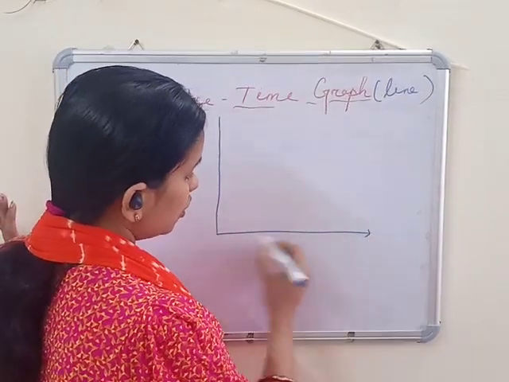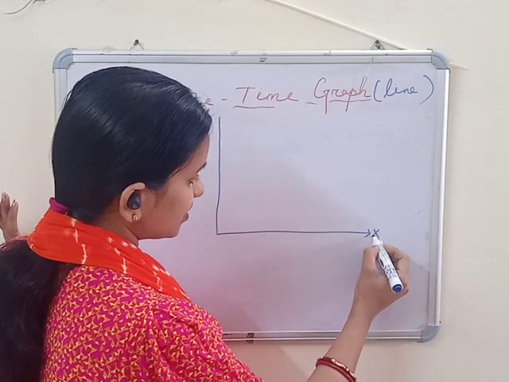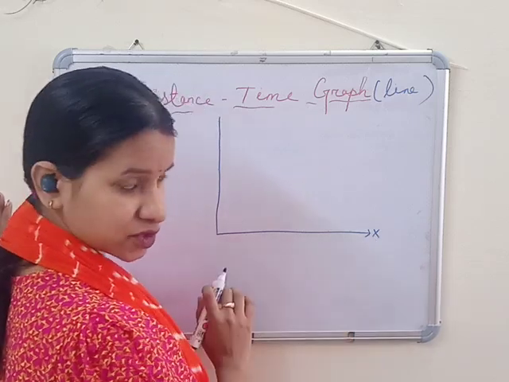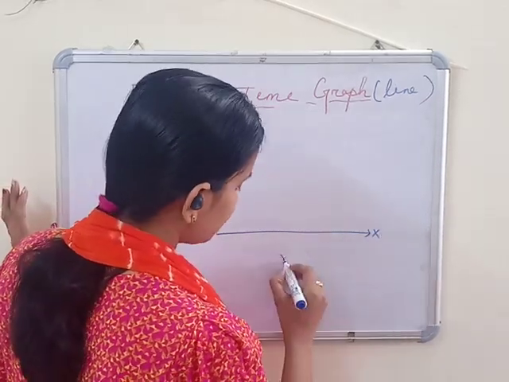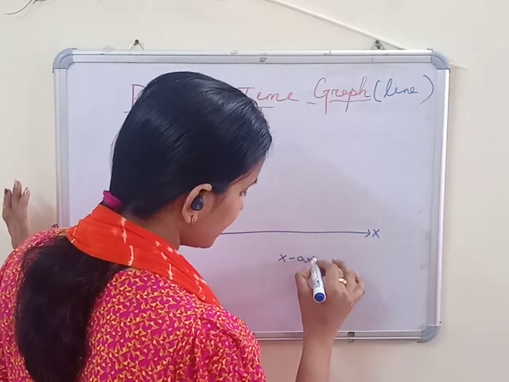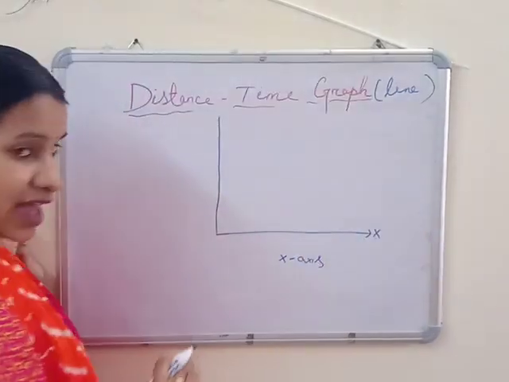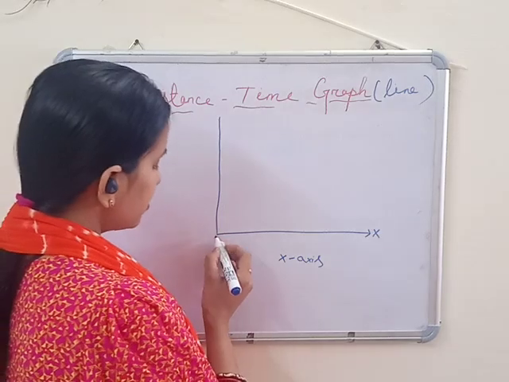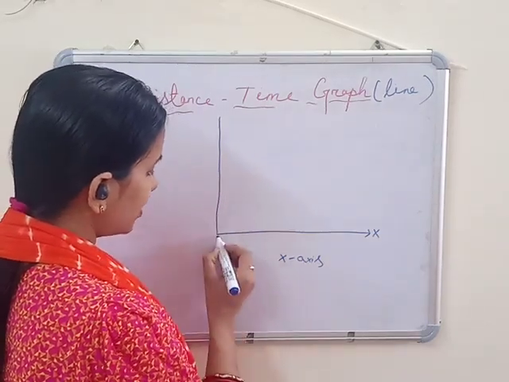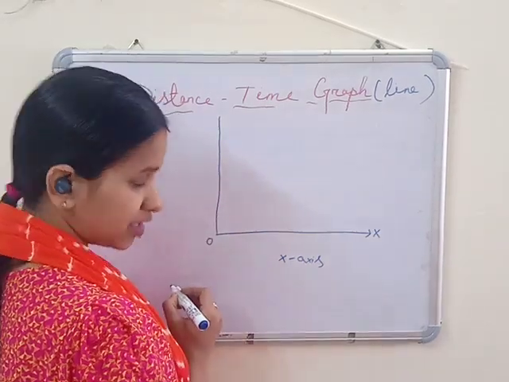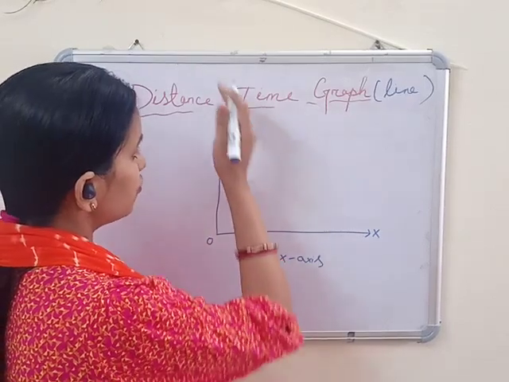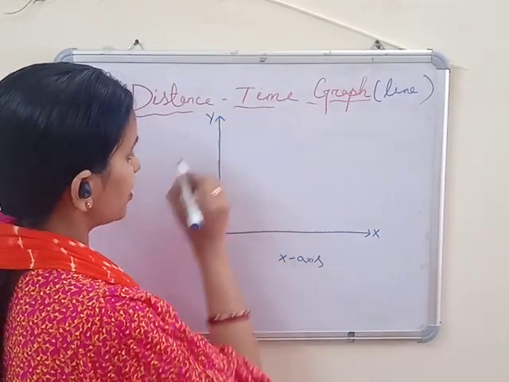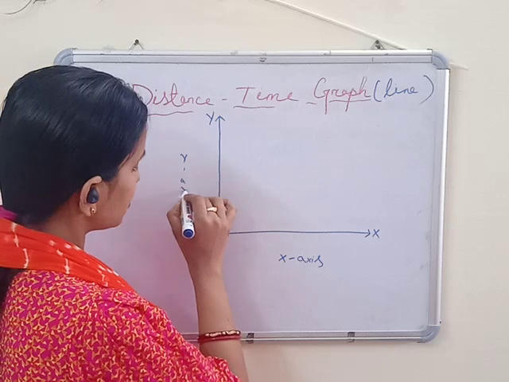The horizontal line you name x, or it is the x axis. The lines are called axes in the graph, and the meeting point of these two lines is your 0, the starting point, and the vertical line is called your y axis.